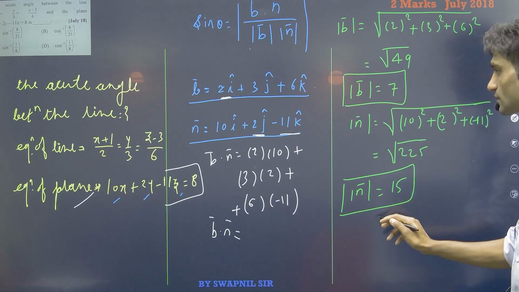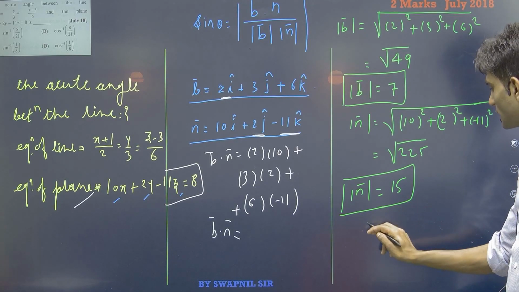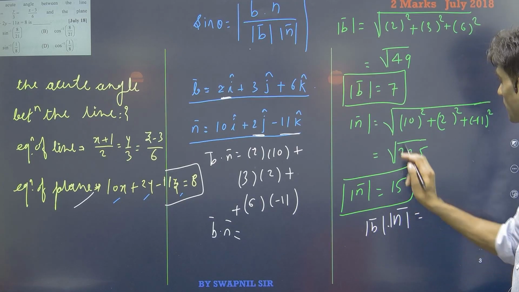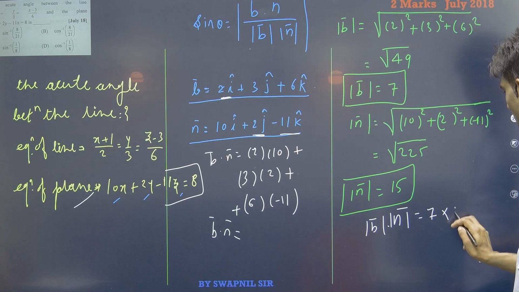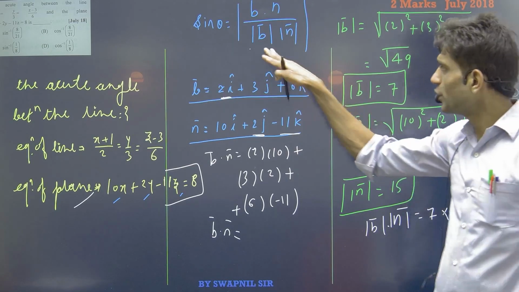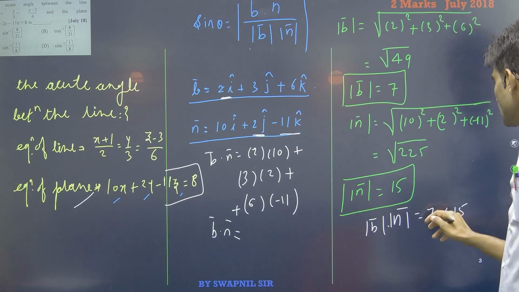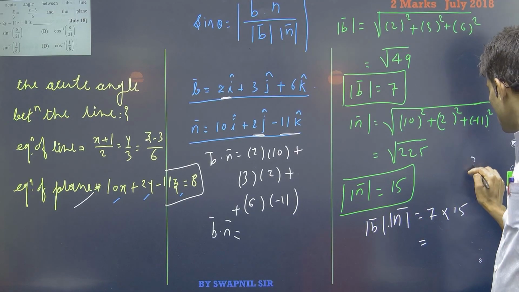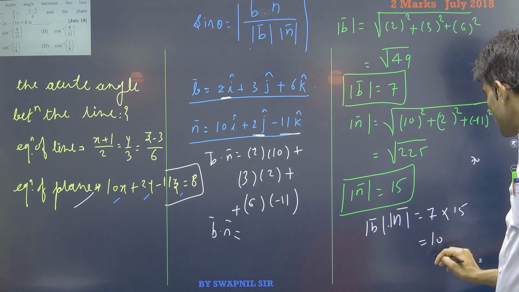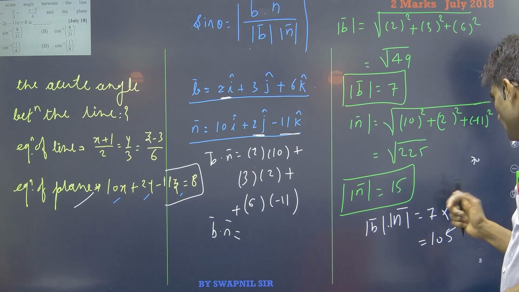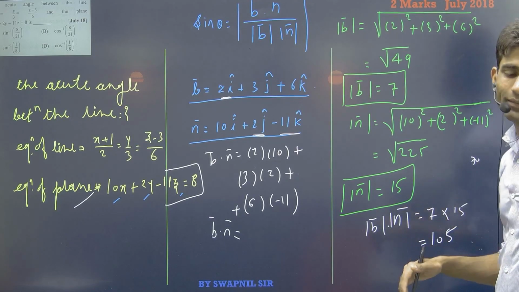Let's find the value of mod b bar into mod n bar: 7 multiplied by 15, because we are trying to find the denominator directly. 15 sevens are 105.